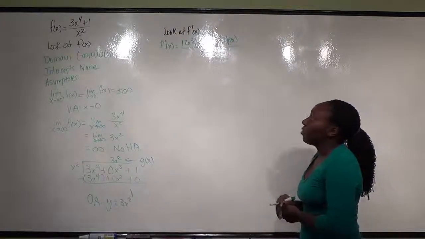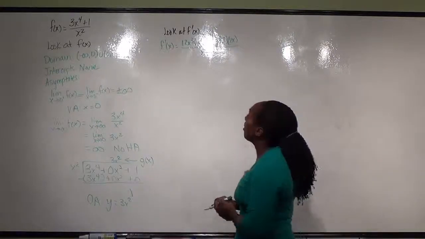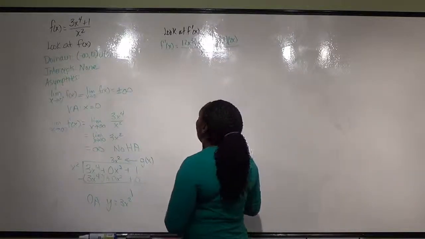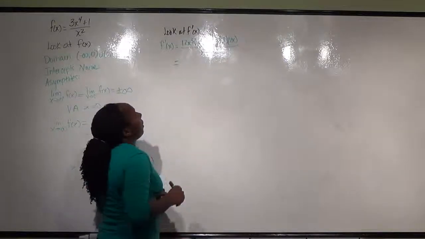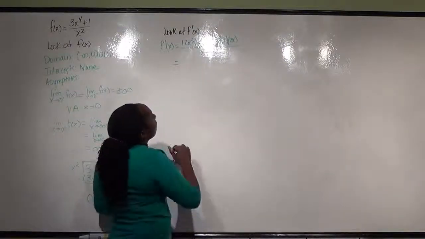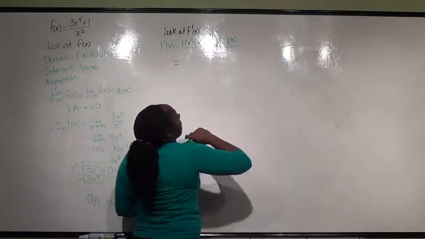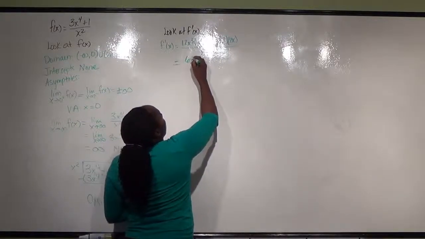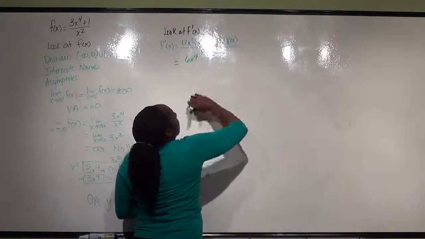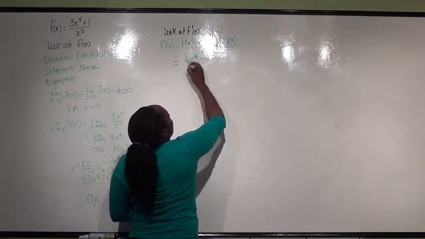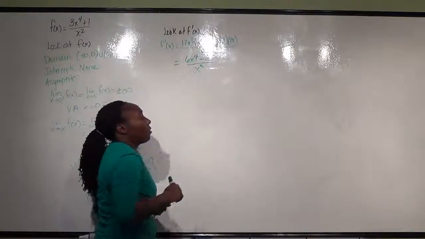Okay. Notice some of the x's will cancel out. 1x will cancel out of everything here. So we're left with 12x to the 4th minus a 6x to the 4th minus 2 over an x cubed.